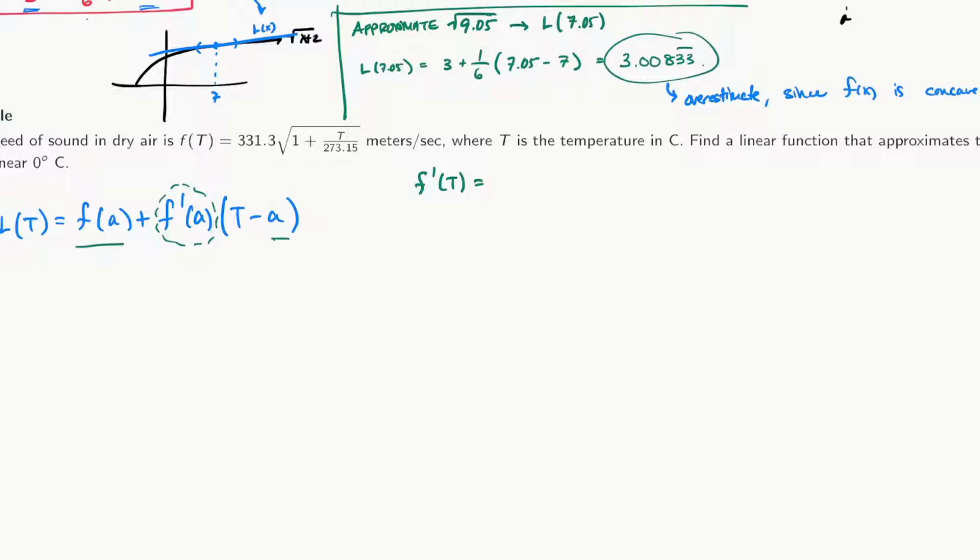F prime of t is, well, we've got to take the derivative here of 331.3 times the square root. So I'm going to write this again in that helpful way of 1 plus t over 273.15 all to the 1/2.